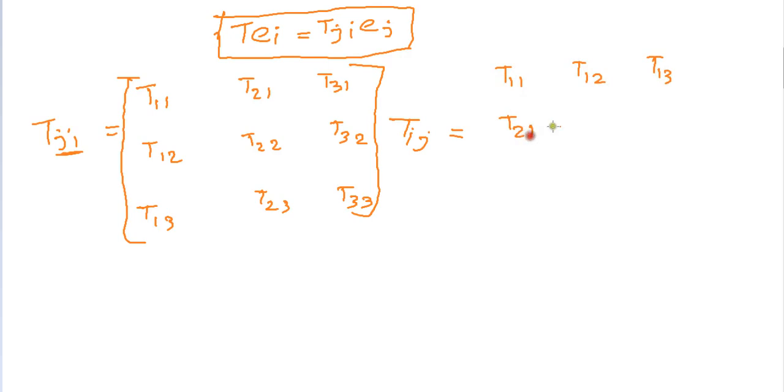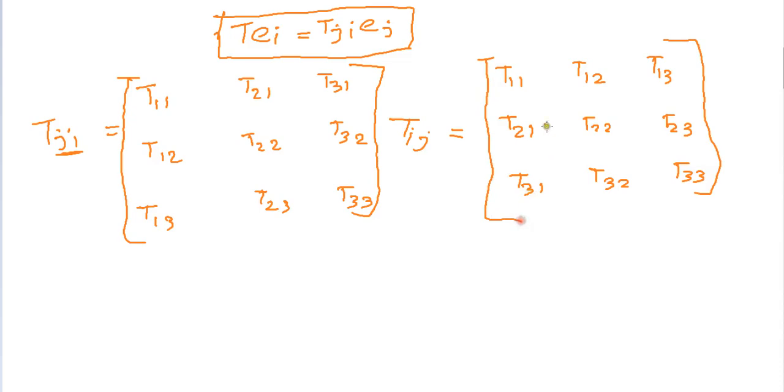And T21, T22, and T23, T31, T32, and T33. So we get the T ij, right? These are all the components of this tensor.